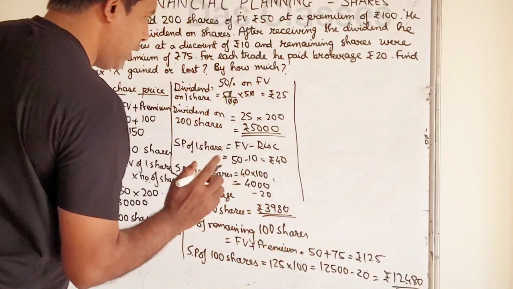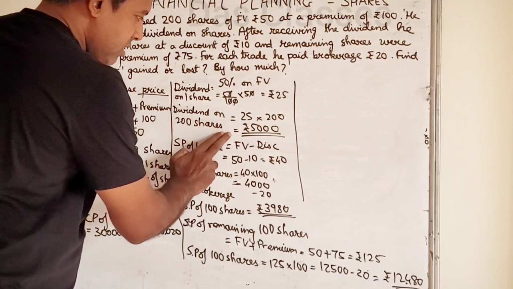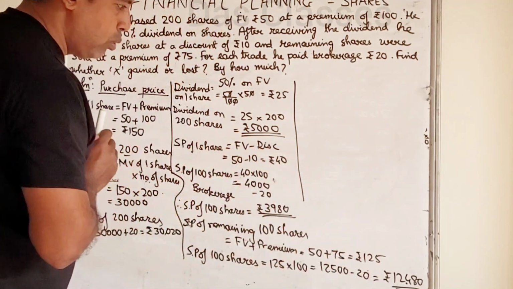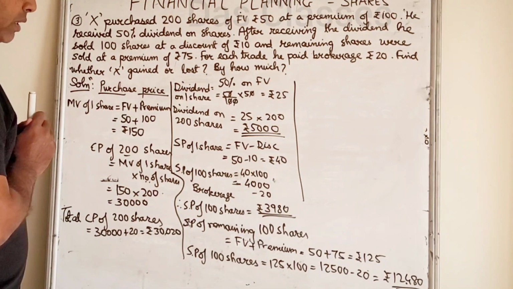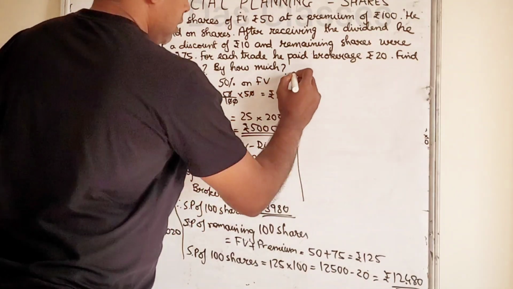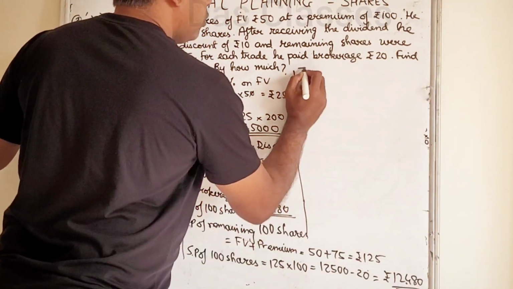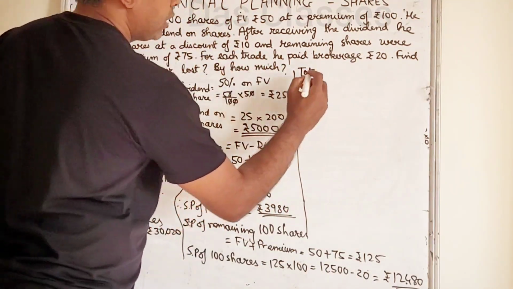So we have got three values. These are the amounts he has received: 5,000, 3,980 and 12,480. So the total amount received, that's going to be the third part of our question.